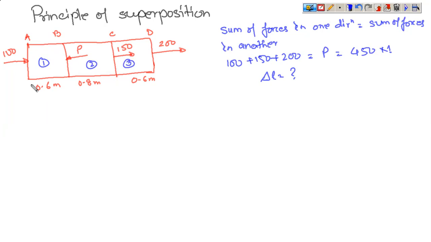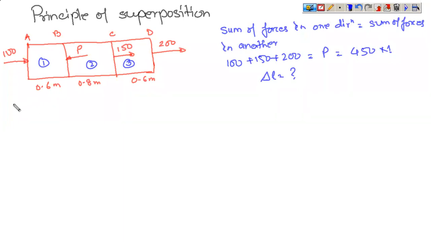You can see that on section 1 you have 100 on one end and 450 on the other end. On section 2 you have 450 on one end and 150 on the other end. So there is a mismatch of forces. So you need to balance these forces so that they can be appropriately used. To balance these forces, we select whether we'll be moving from left to right or right to left.